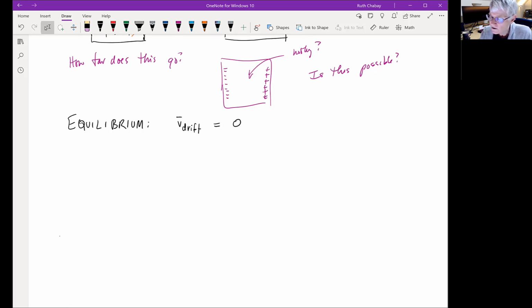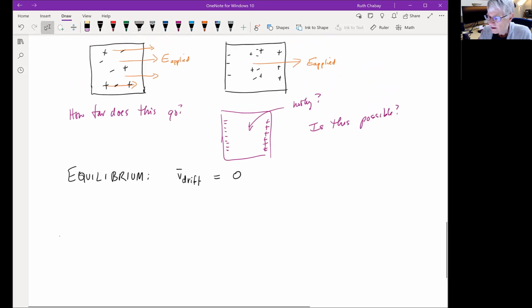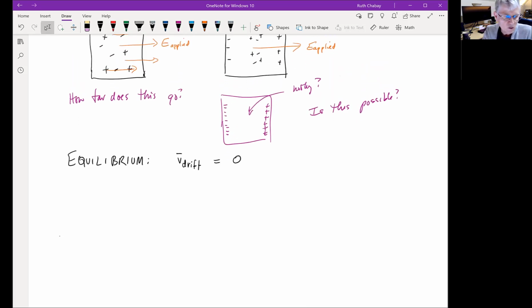So if the drift speed is zero, then we can guess that inside this conductor, the net electric field must be zero. Because if the net electric field isn't zero, then the drift speed is not going to be zero, and you're still going to get charges separating here.